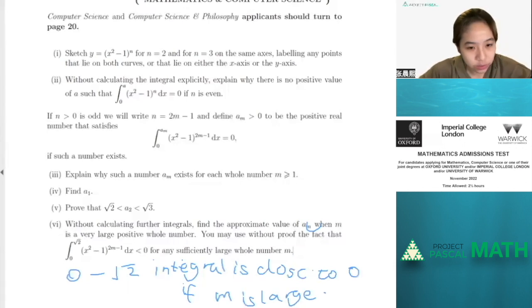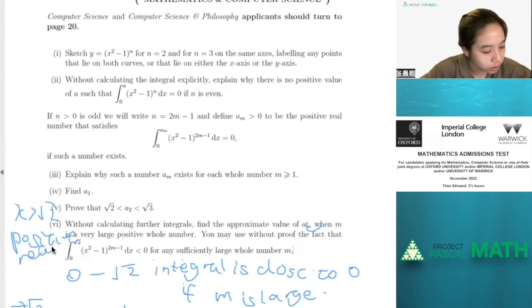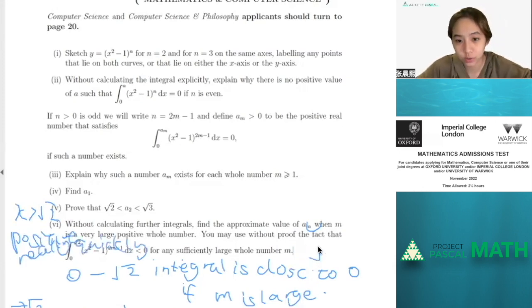It's negative from 0 to 1, and from 1 to root 2, it's positive. So you can imagine that the integral up to root 2 is still negative, but when the limit gets greater than root 2, it gets positive really quickly. So from both sides, it tends to root 2.